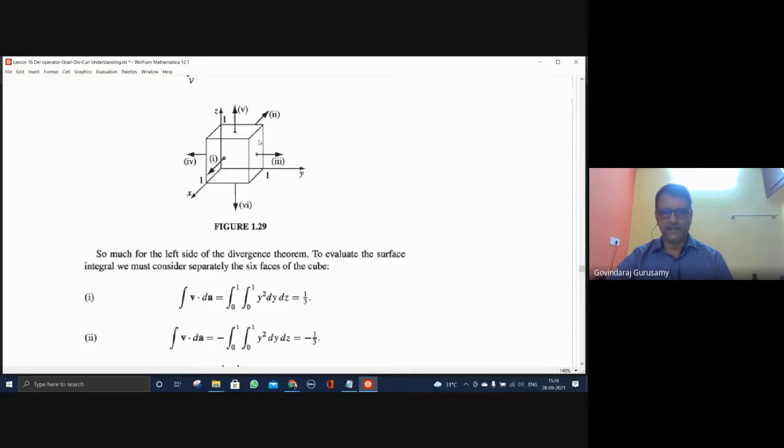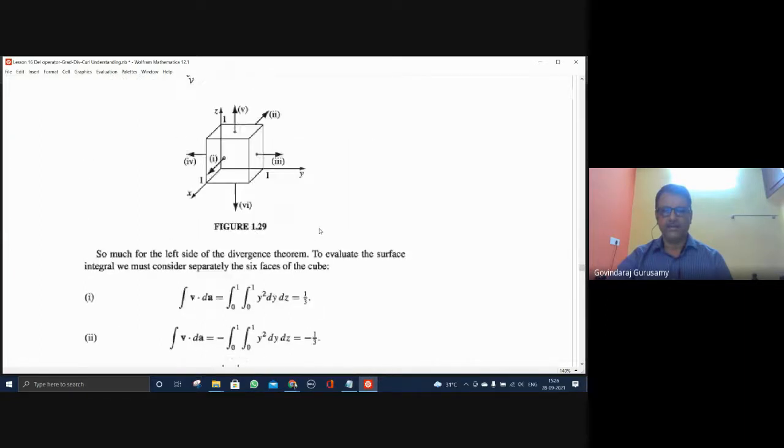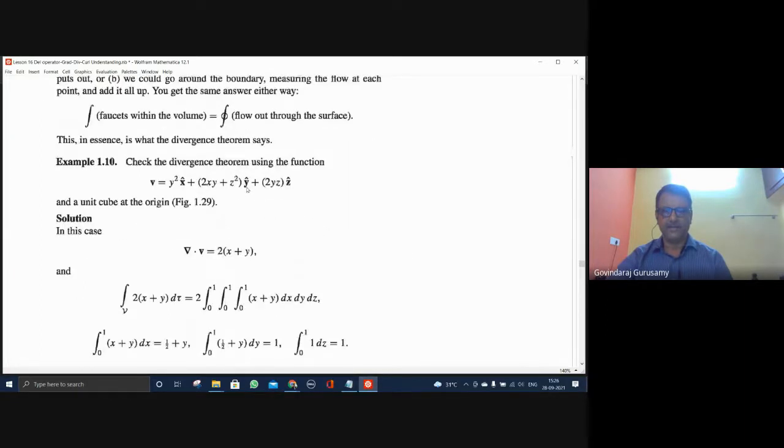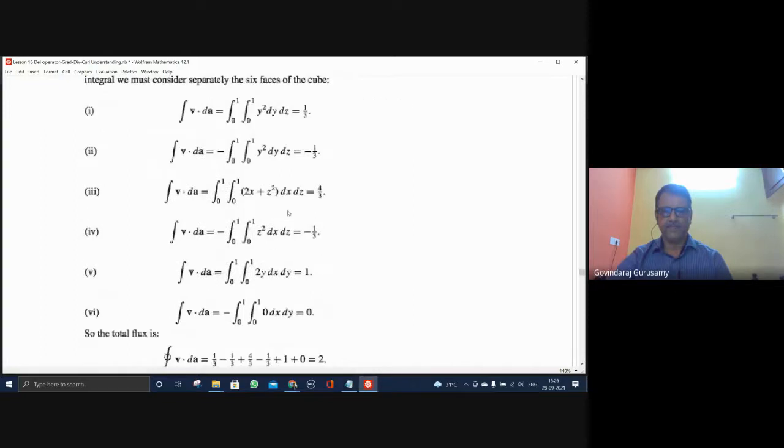Therefore, this surface element is dx and dz. And v dot dA should be found correspondingly, considering the y direction. That should be found carefully.